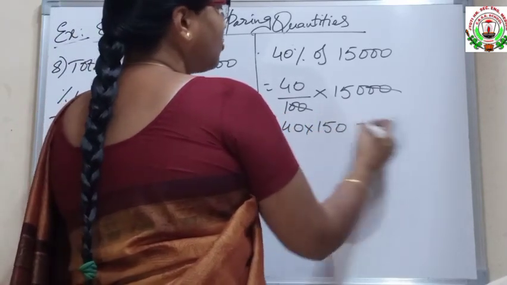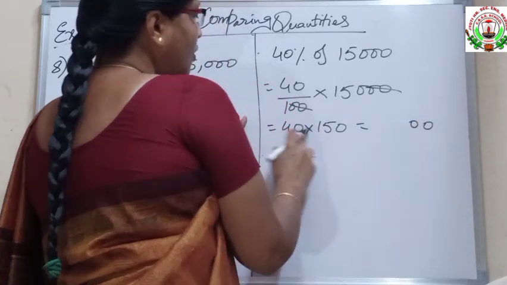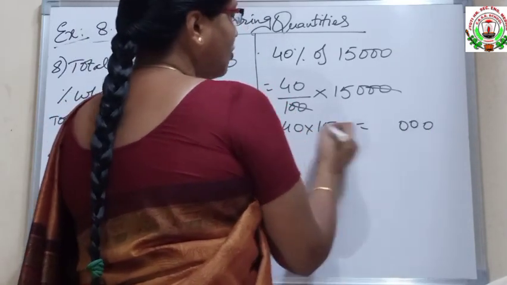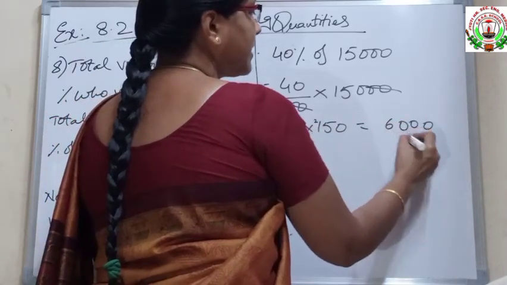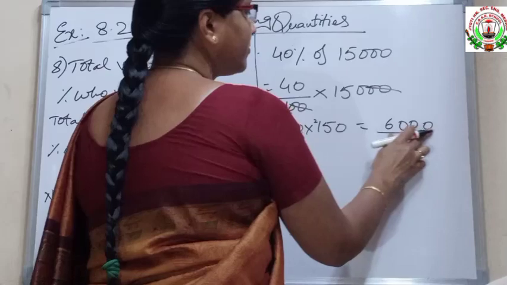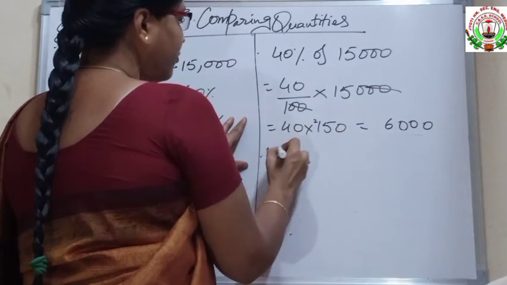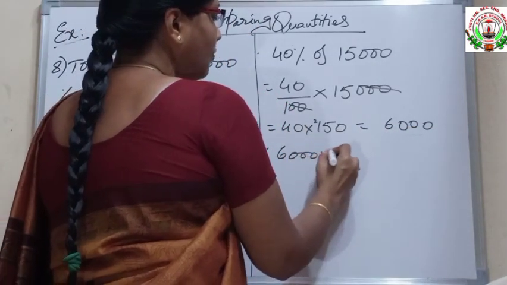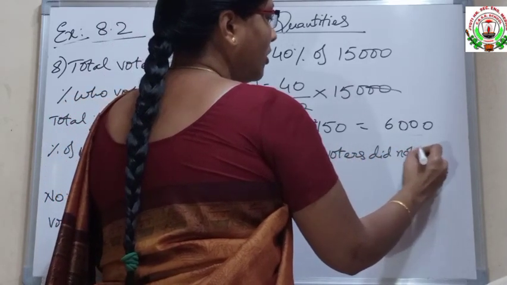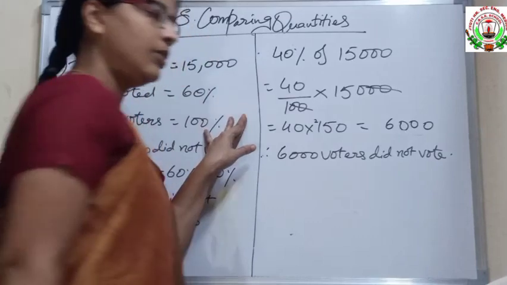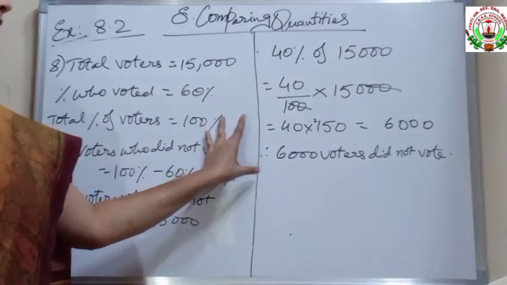So this will be two zeros here. 4 5s are 20, 0 and 2 carry, 4 1s are 4 and 2 6. 6,000 voters. So therefore 6,000 voters did not vote. So this is your answer.